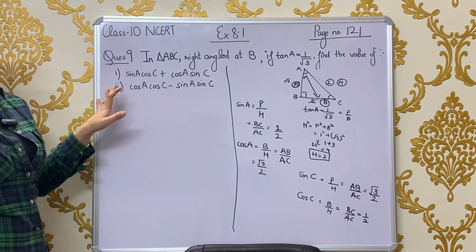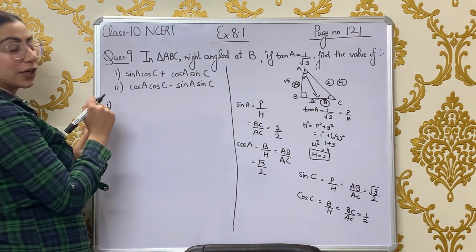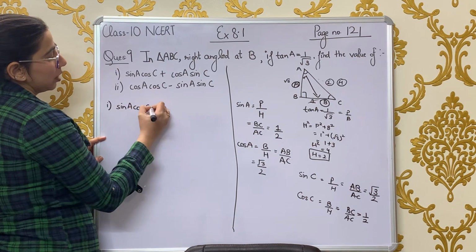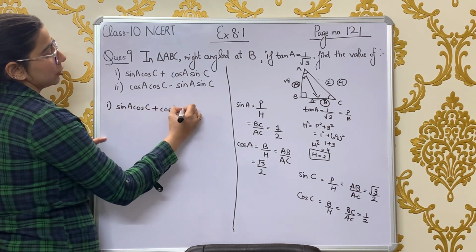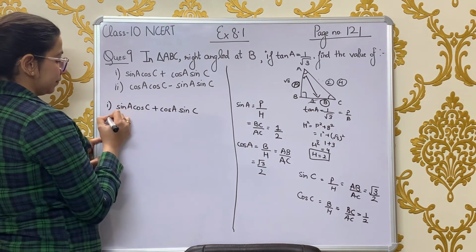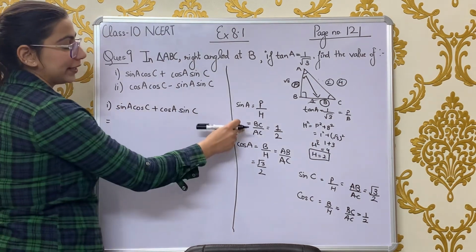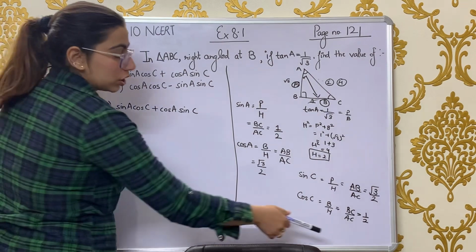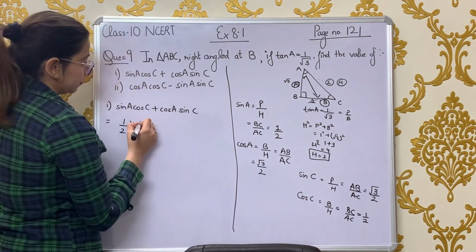Now let's calculate what we are asked in the question. So let's start with part 1. We are given sin A cos C plus cos A into sin C. Sin A we have calculated here as 1 by 2 and cos C is also 1 by 2.